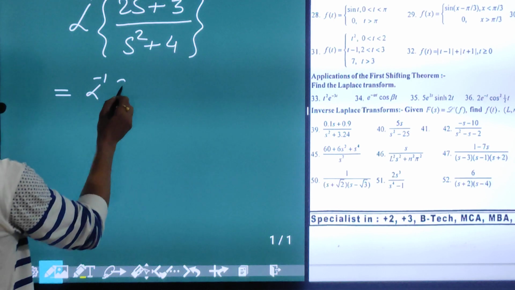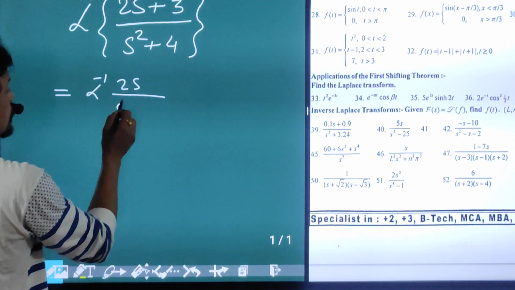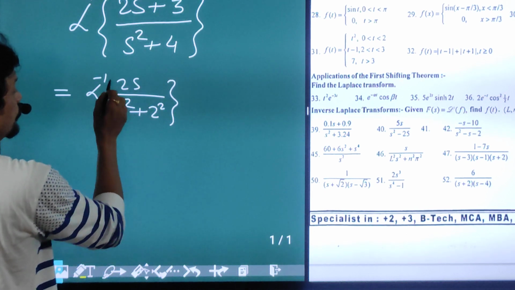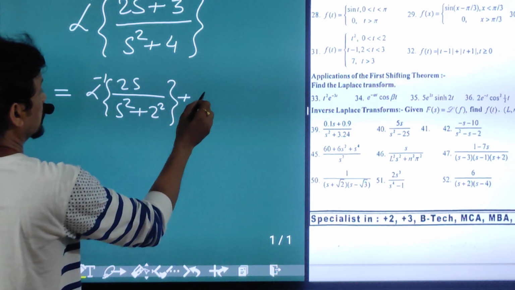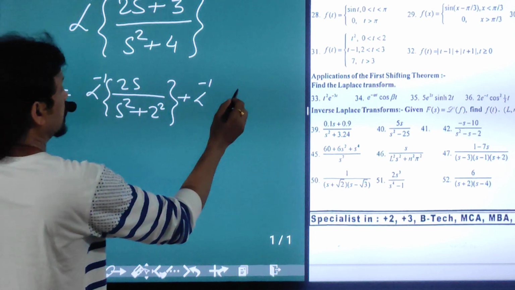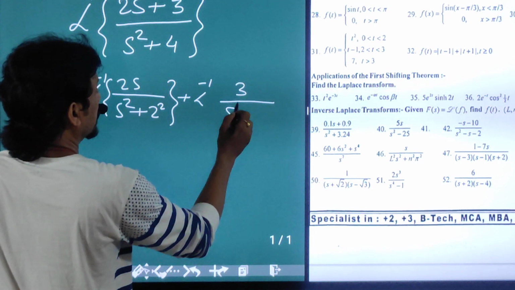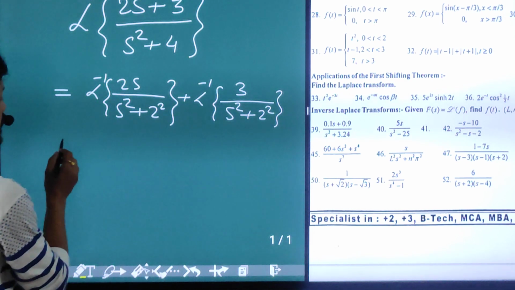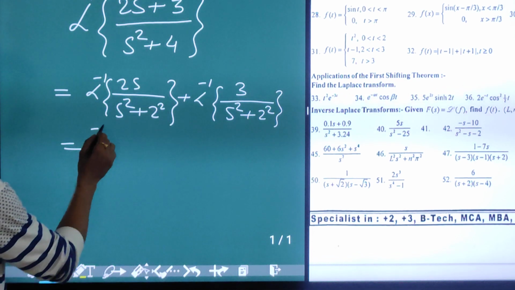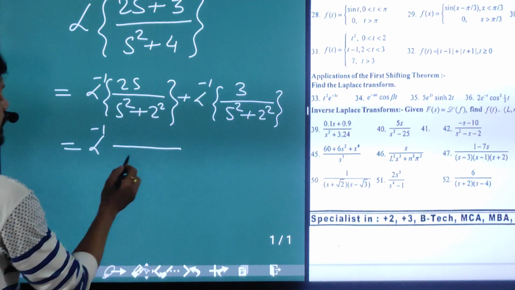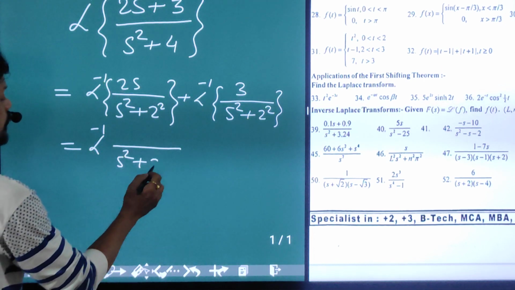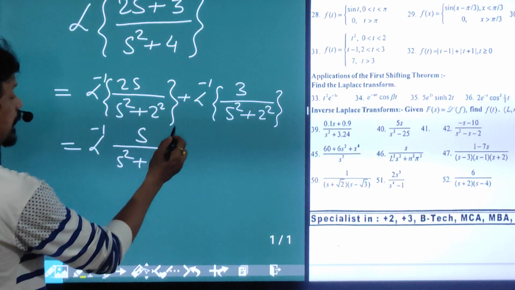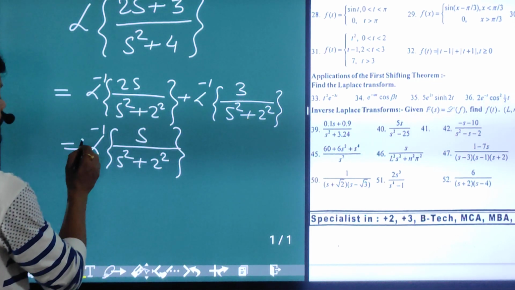Laplace inverse 2s divided by s square plus 4, I am writing 2 square, then plus Laplace inverse 3 divided by s square plus 2 square. Then see here, you should write the denominator first, s square plus 2 square. In the numerator, s is already there, so take the 2 outside.